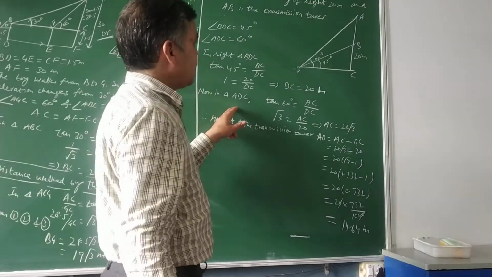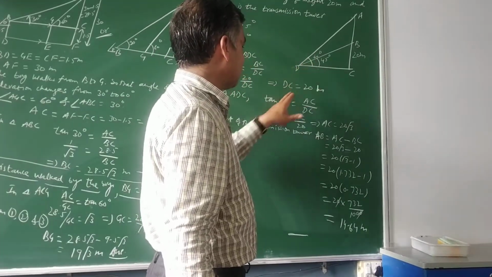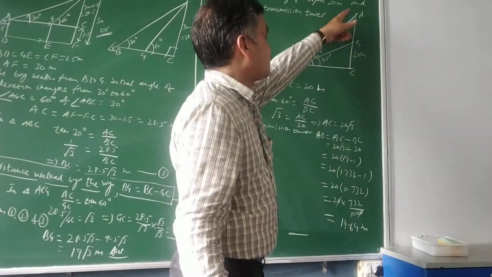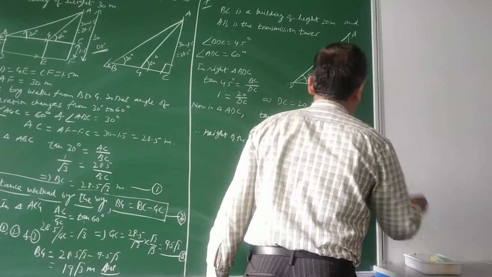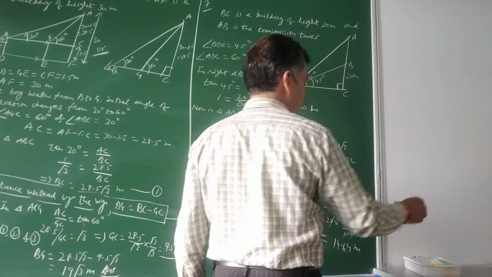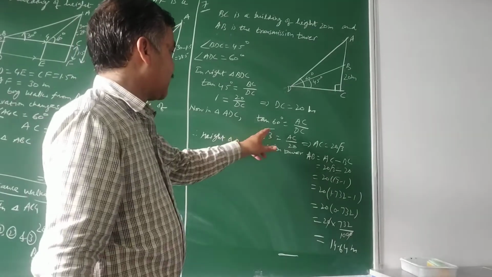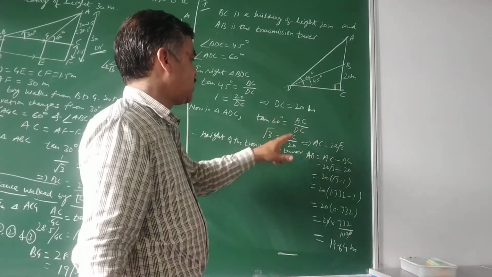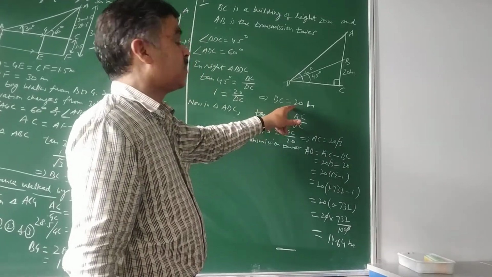And then in triangle ADC, the whole angle ADC, tangent 60 is equal to the perpendicular AC upon DC. Perpendicular you can understand, as your building and transmission tower are standing at an angle of 90 degree. So root 3 equals AC upon DC. DC we have calculated here is equal to 20 meter.